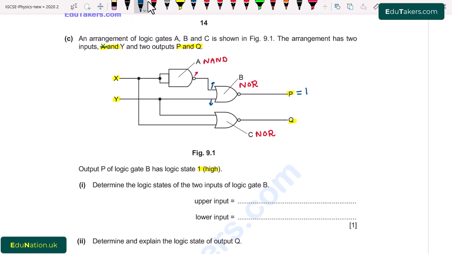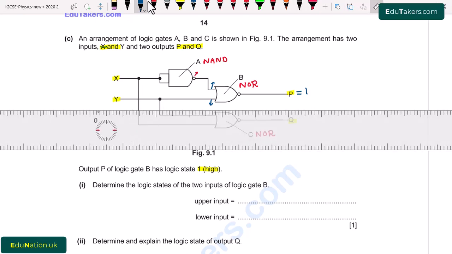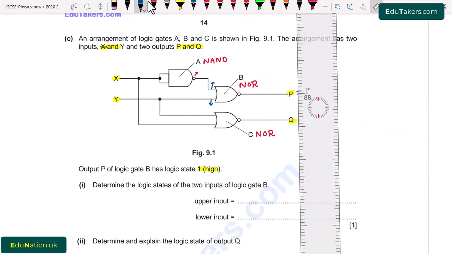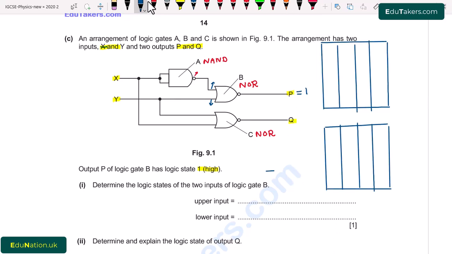So first of all, we draw the truth table for NAND and NOR gate. So I will draw it. This is for NOR and this is for NAND.